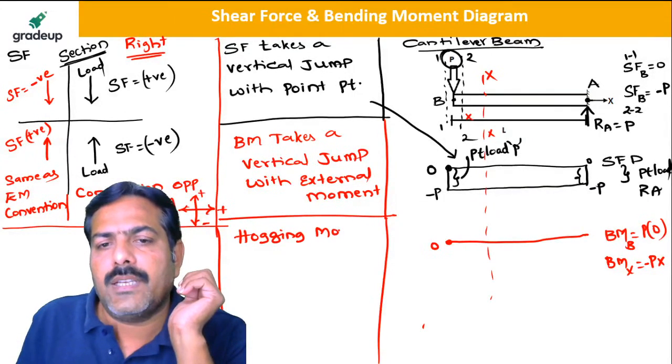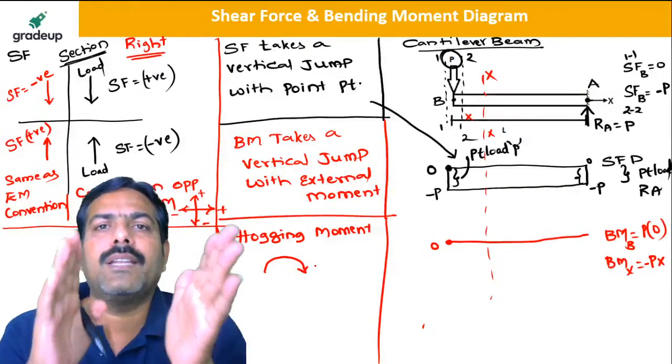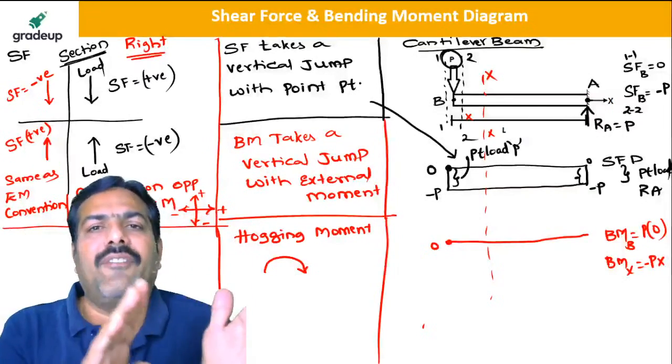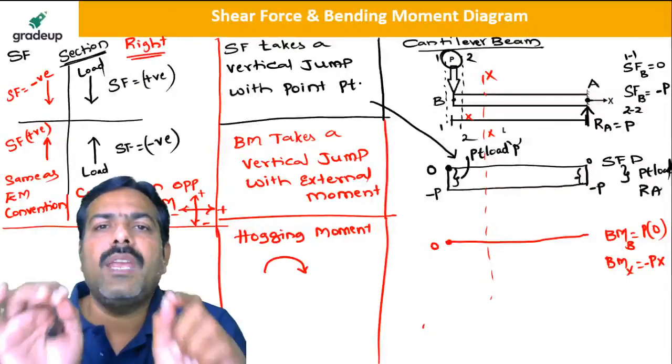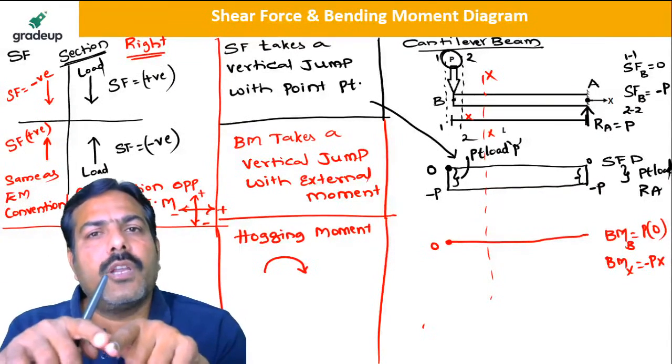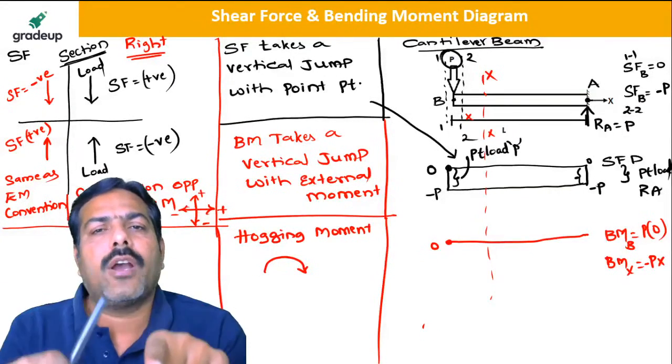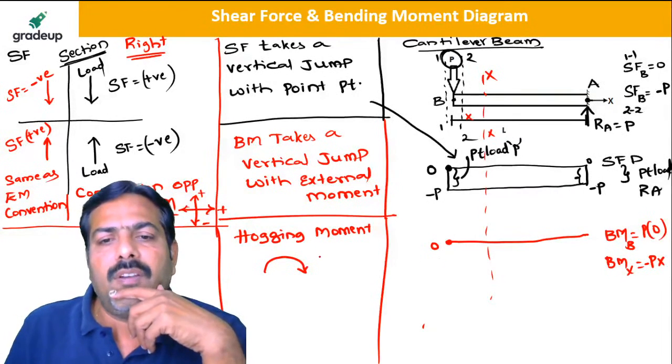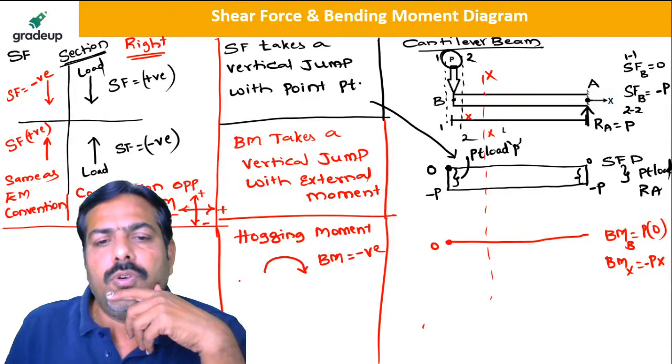Whatever be the section, whether the section is on right or left, anywhere, if your beam because of the load is bending down, we call it hogging moment, and the bending moment for this will be negative, my dear friend. Is it clear to all of you?